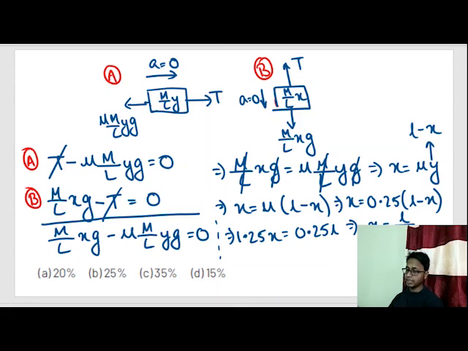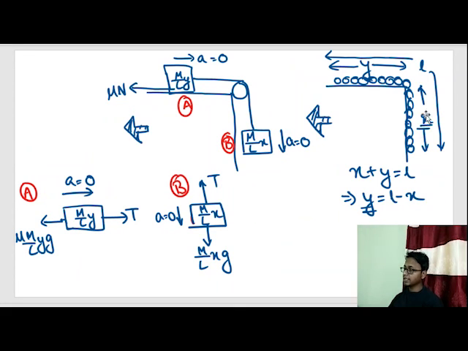So now let's see. This x was 1/5, or L by 5, or 1/5 of the total length of this whole chain.